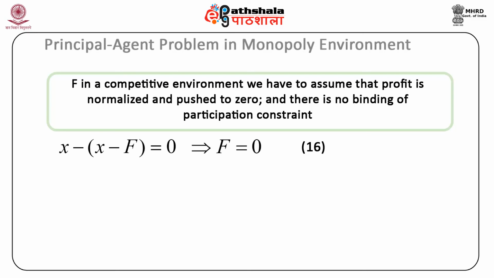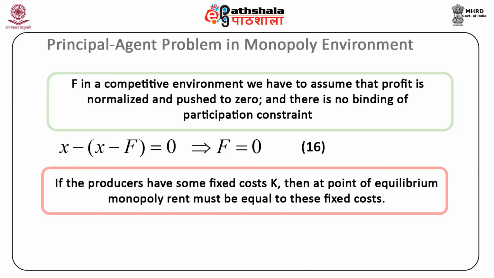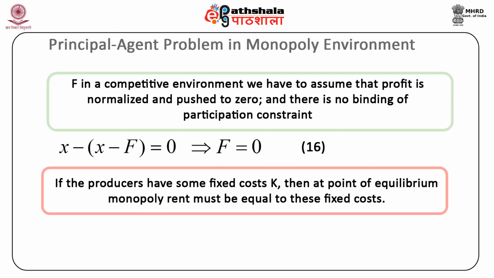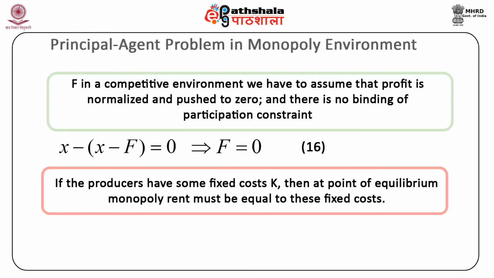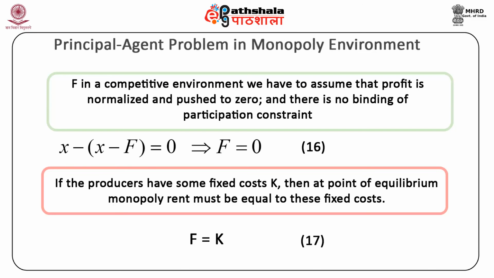In fact, constant returns to scale prevails with the objective that equilibrium rent is zero. If the producers have some fixed cost capital K, then at point of equilibrium, monopoly rent must be equal to these fixed costs. So, we can write that capital F is equal to capital K. This is equation 17.